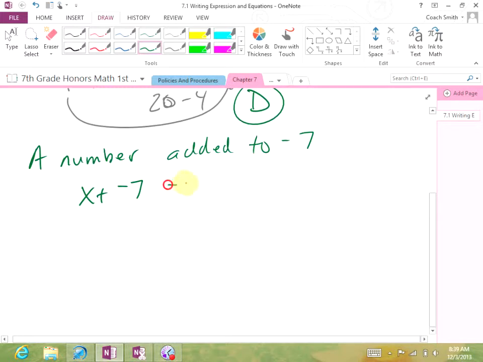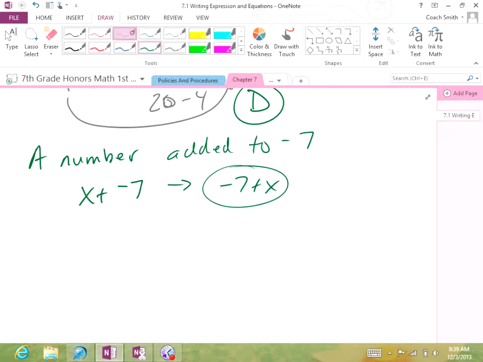Now, remember, -7 plus x would be the same thing. Okay, you'll see it both ways. I think in the book they actually say that's the answer, but it's the same thing. And there's a reason why they do that, but we'll talk about that at a later date.